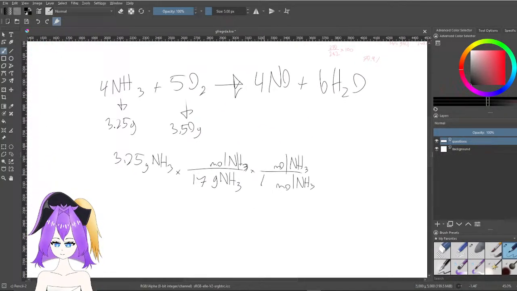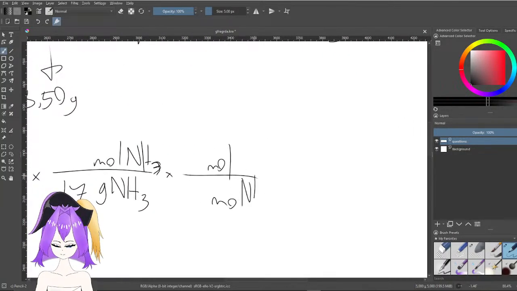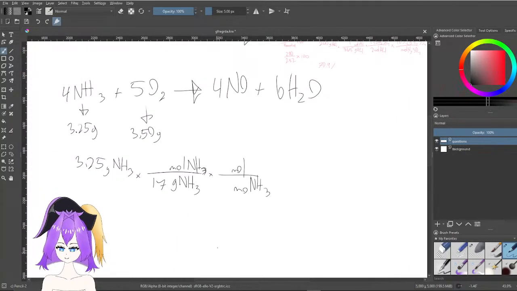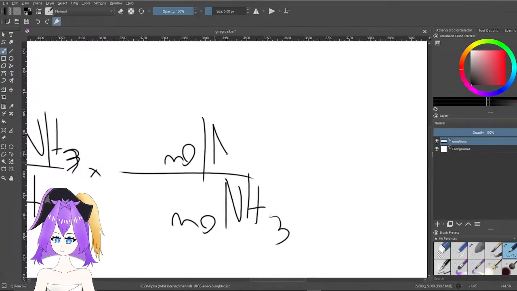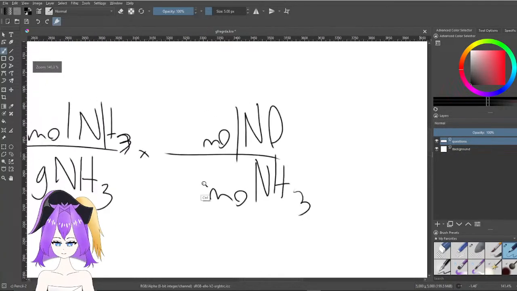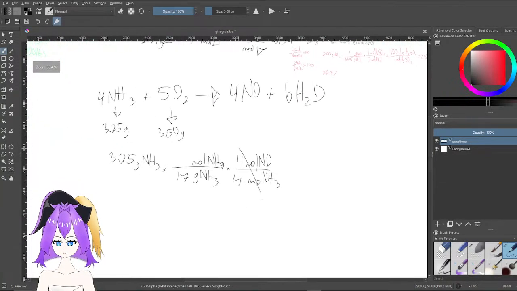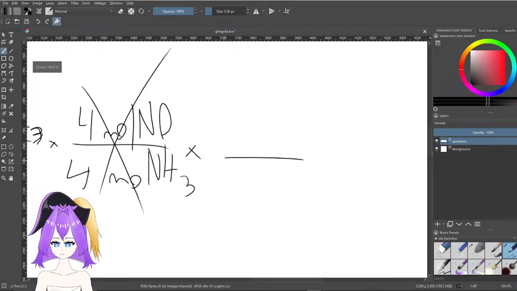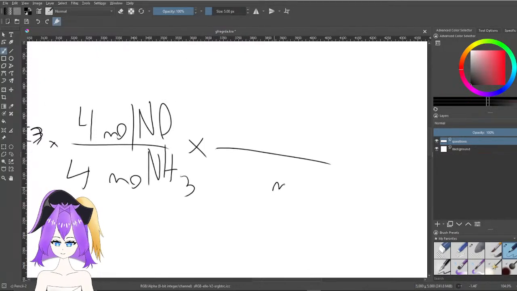So we have 4 moles of NH3. I'm just going to pick the NO, nitrogen oxide, because it's easier. So it's going to be a 4 to 4. Well, I still kind of need that. 2 moles.